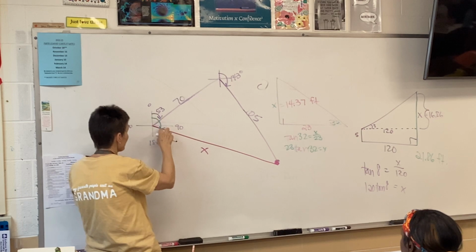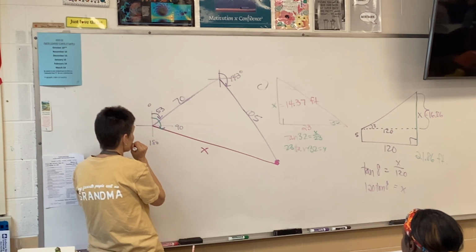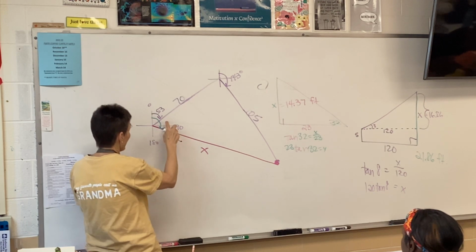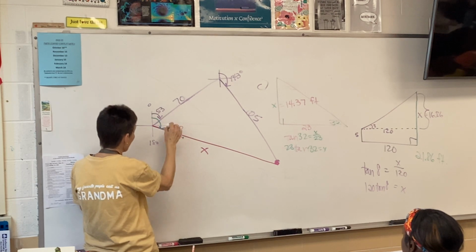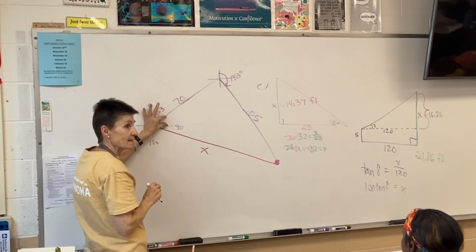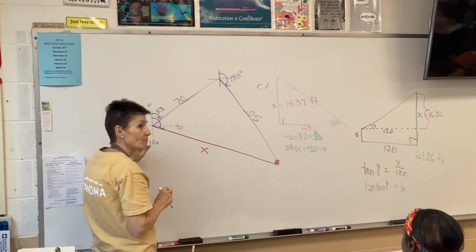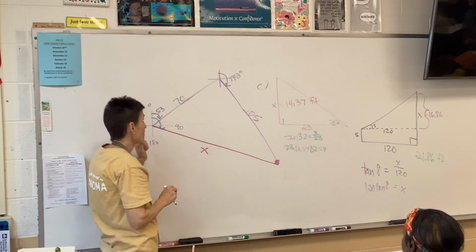So could you put 10 there and then do 70 over, or is it just 105 over 70? If that's 53, this part right here would be 37, but I do not know this part. I'm not worried about the numbers, it's just that angle. Isn't it tangent 105 over 70, or no?